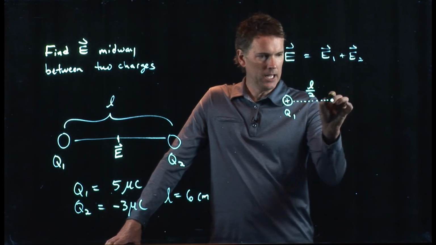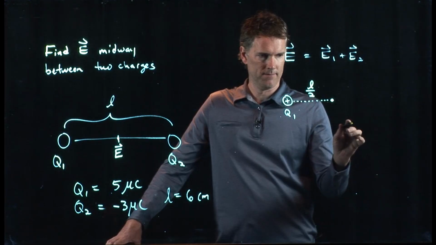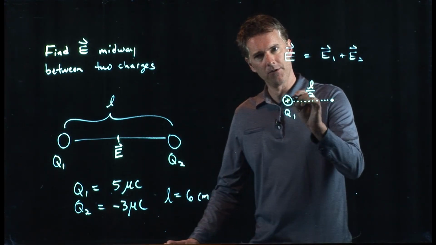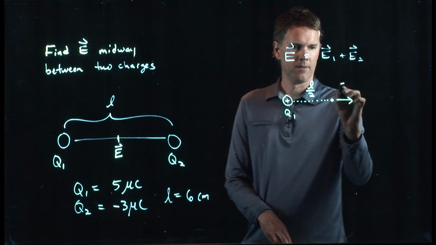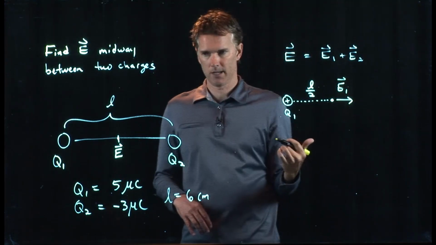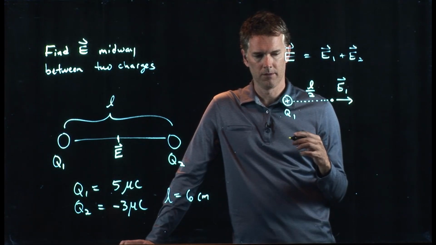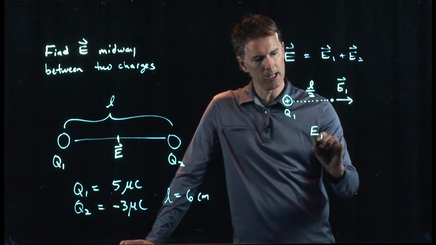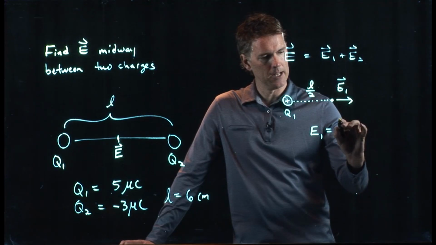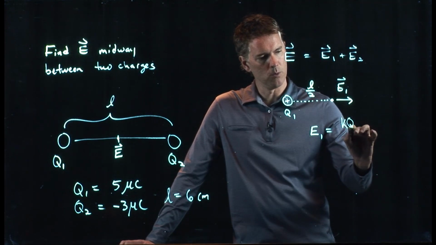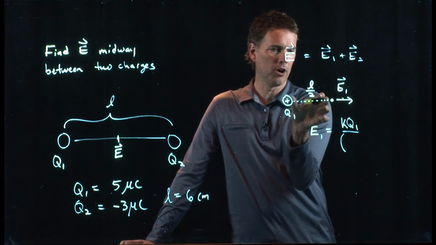Q1's positive charge. Is the E field here pointing to the left or to the right? Is it pointing towards the positive charge or away from the positive charge? Away. Okay, E1 is pointing to the right. Perfect. We also know the strength of the E field, right? Because E field is KQ over R squared from a point charge, and so it just becomes KQ1 divided by r squared, but r is how far are you from the point charge.